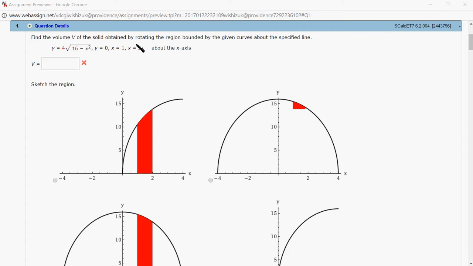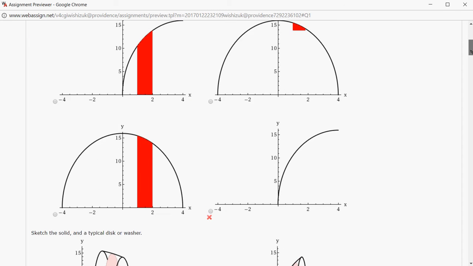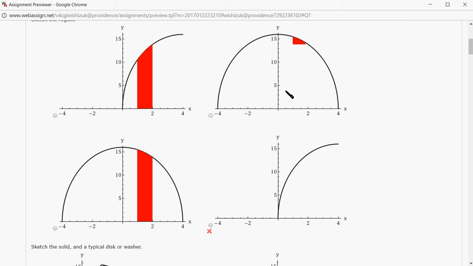First, let's choose the region. Square root of 16 minus x squared is just the upper semicircle with radius 4. Then you multiply by 4, so it's going to be stretched by a factor of 4. So it should look like either the second picture or the third picture.